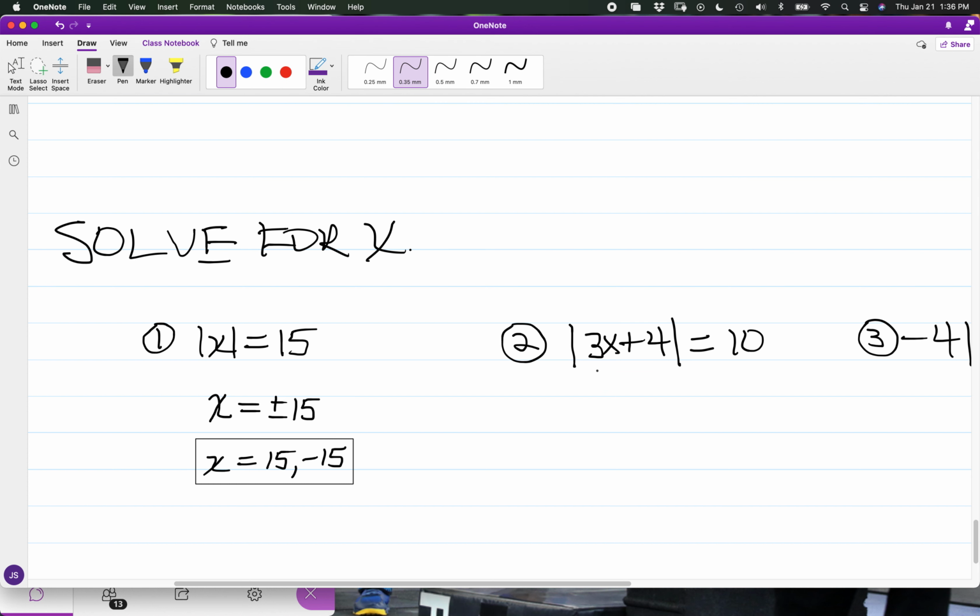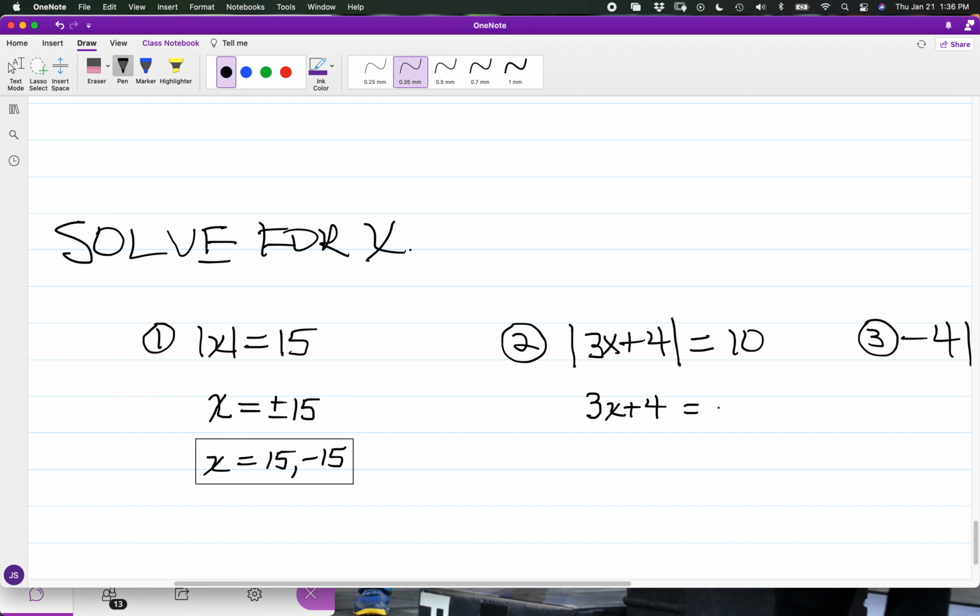So if I drop the absolute value symbols, that is, drop the bars, we're going to have 3x plus 4, and the results for x should be that whatever we have for 3x plus 4 will amount to a value that will be 10 units away from 0 on the number line.